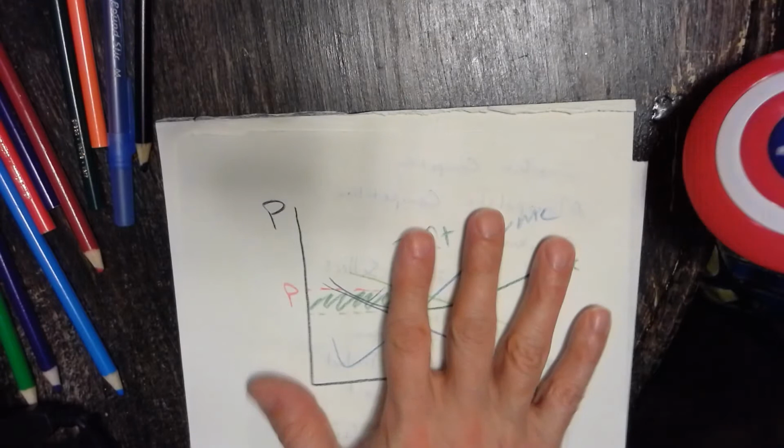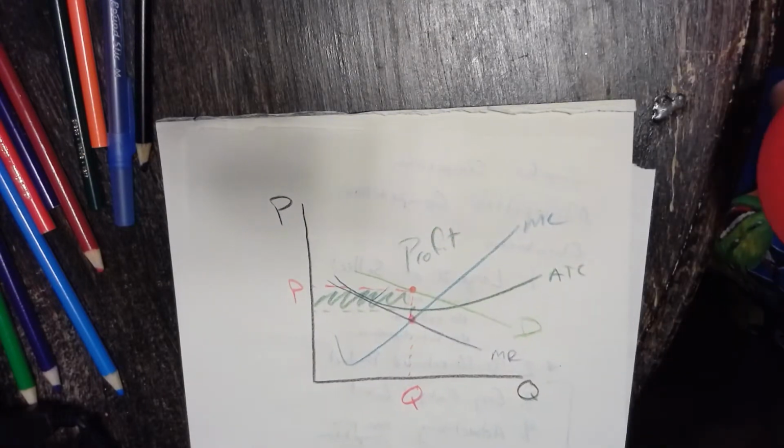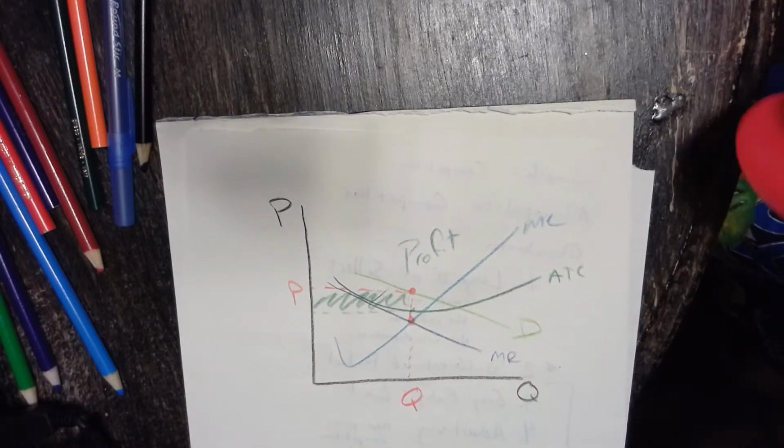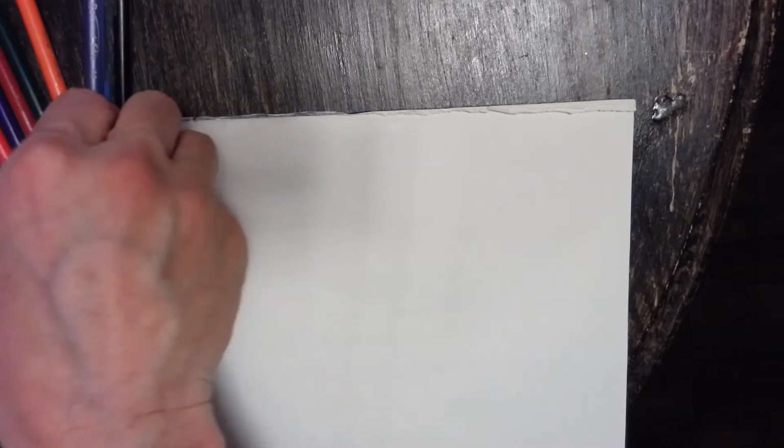So just make sure you know this graph. Okay, so we are going to just do a quick thing of notes now after that graph, and you will understand how this works here.